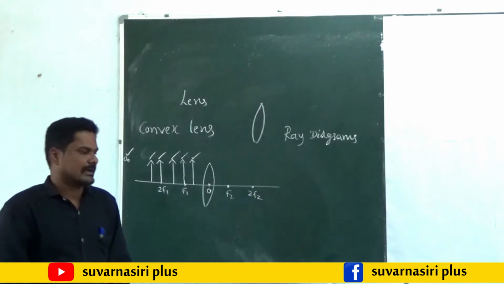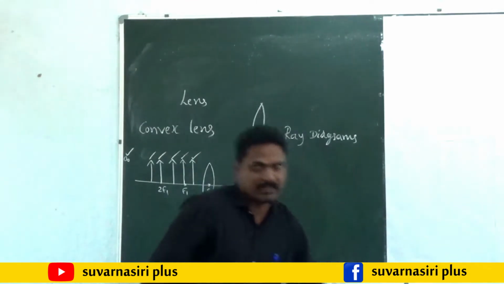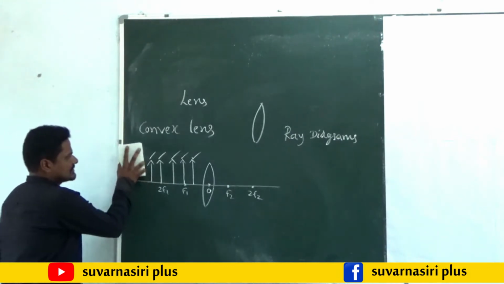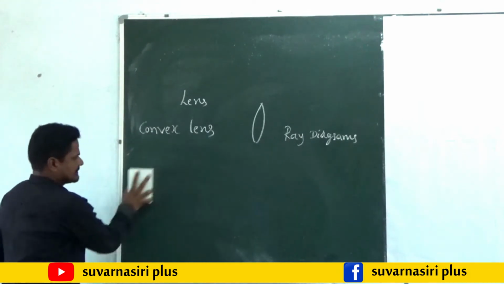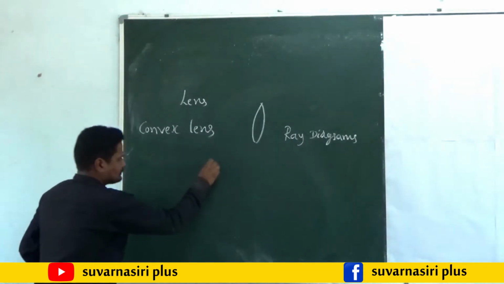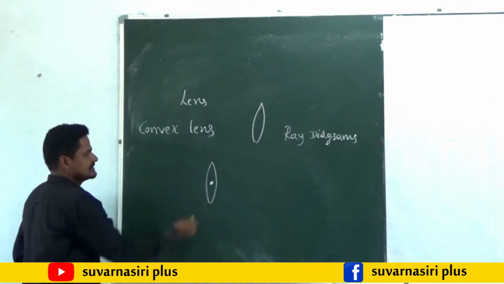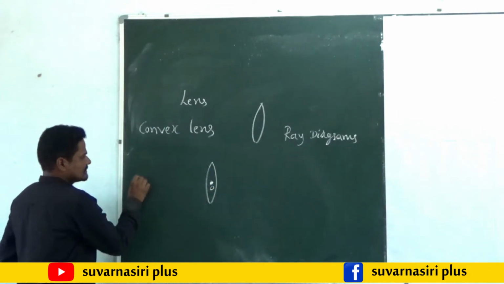Here we have to understand one by one. First I will explain any one or two. This is a convex lens, this is the optic center. Here we mark F2, 2F1 and F1, and this is F2 and 2F2.